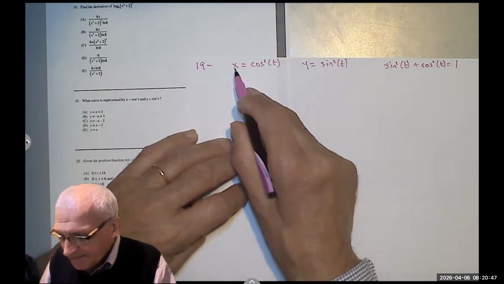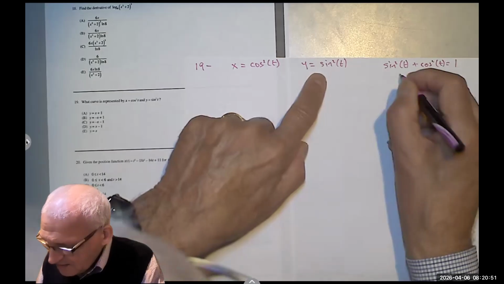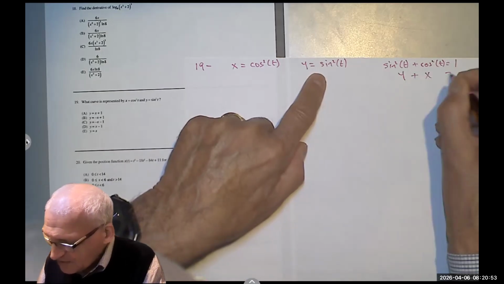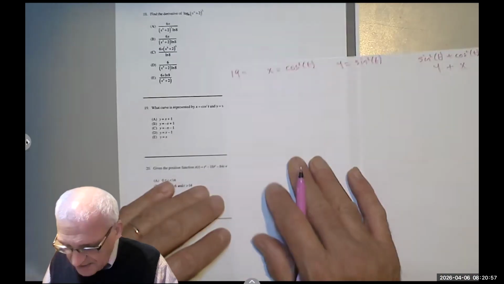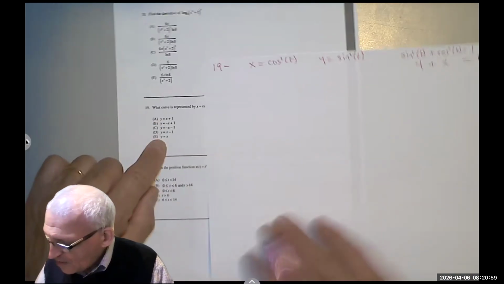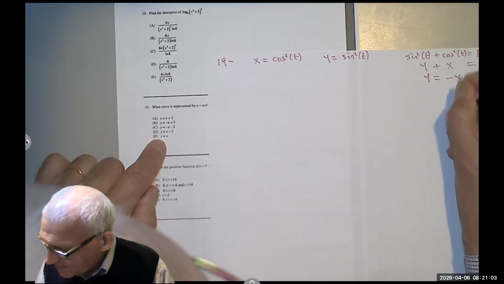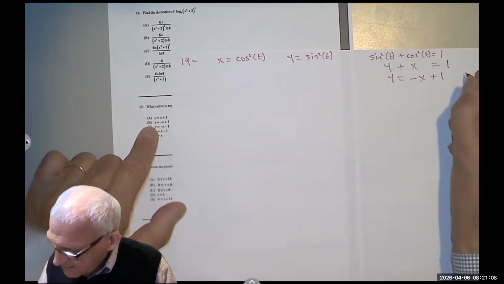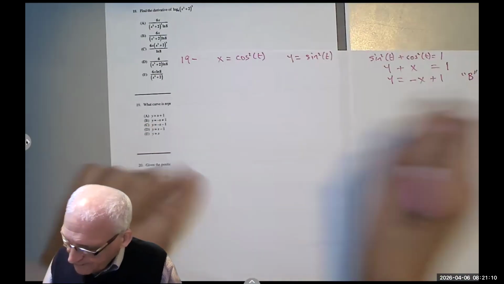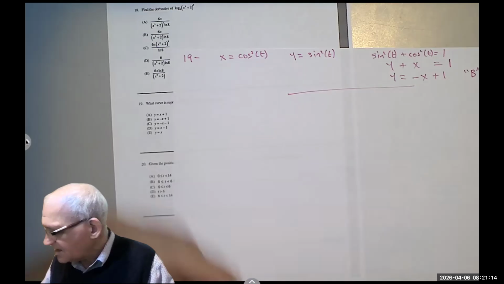So I can say y plus x equals 1, and that's the answer. So easy, right? We have all of them in terms of y, so I'm going to subtract x from both sides and say y equals negative x plus 1, which is b. At least this part of the test is so easy. It didn't take any time.